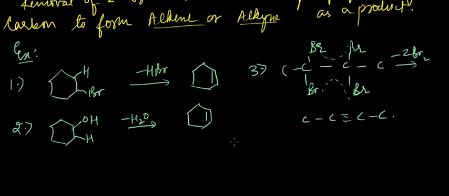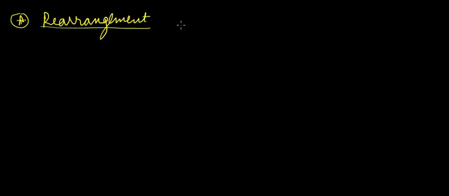Now let us look into the rearrangement type of reaction. What is a rearrangement reaction? By example, when this compound actually goes on and becomes this compound, this is an example of rearrangement.